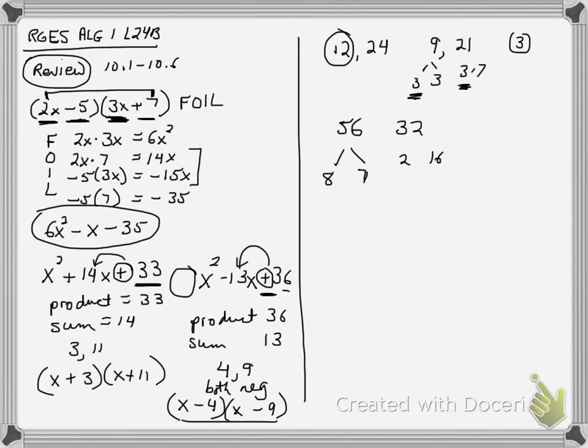So this is already prime, and this is already prime. Keep dividing into primes. That would be 2 times 4, and this would be 2 times 2. And so altogether on the left-hand side, that would be 2 to the third times 7.